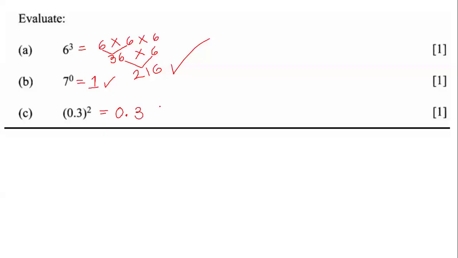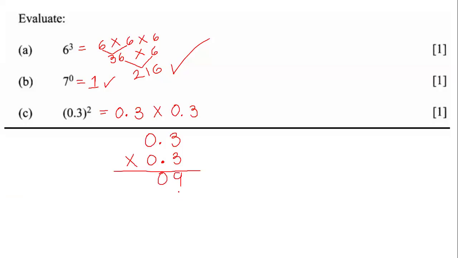0.3 times 0.3. 3 times 3 is 9. 3 times 0 is 0.